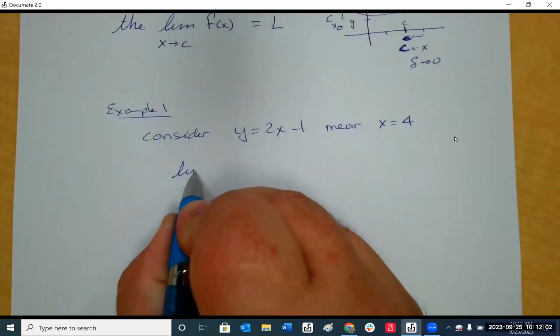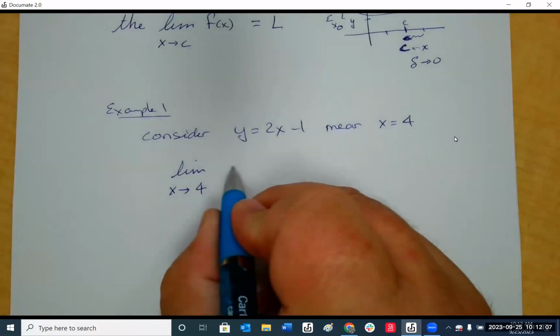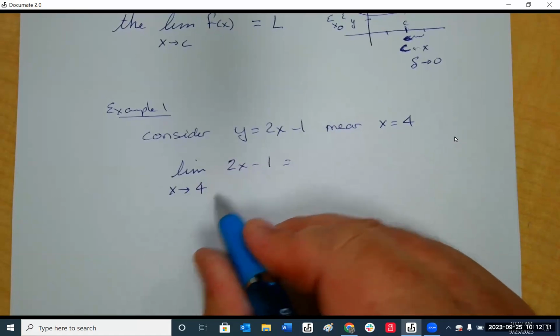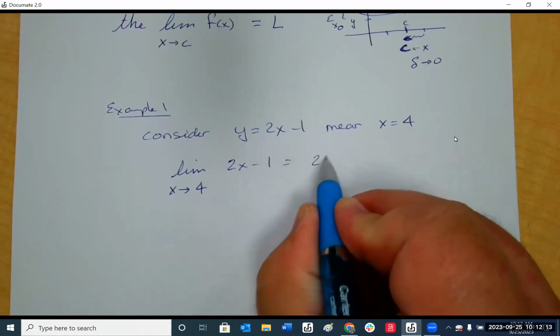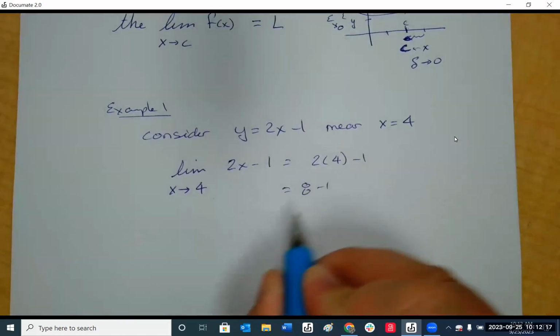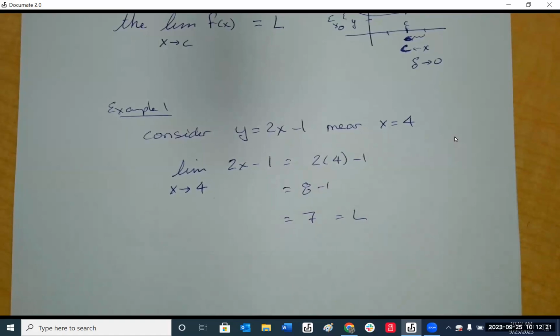If we look at that, all we really have to do is plug it in there. We plug in our c value, so we get 2 times 4 minus 1. We get 7, and that is our limit.